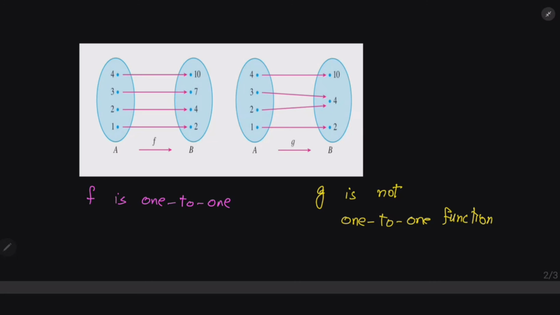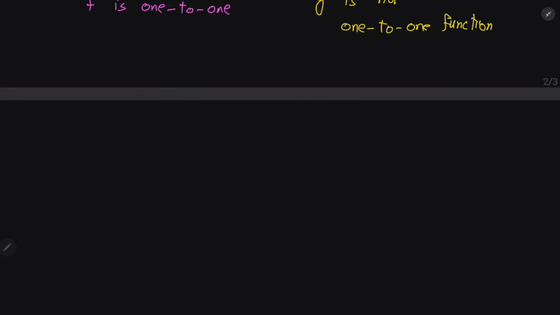So this is the definition of one-to-one. Let me go to an example so we can understand the concept clearly. Suppose we have f of x is equal to x under root.